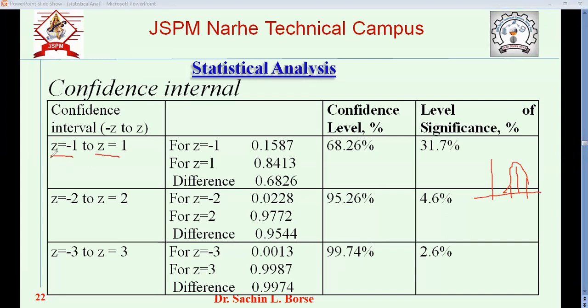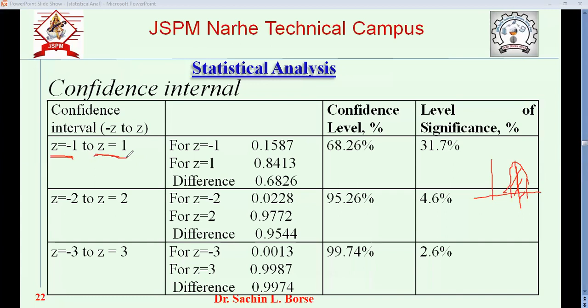We want to find the area around Z equals 0, where Z ranges from -1 to +1. So what percentage of area, what probability, will lie between Z equals -1 and Z equals +1?